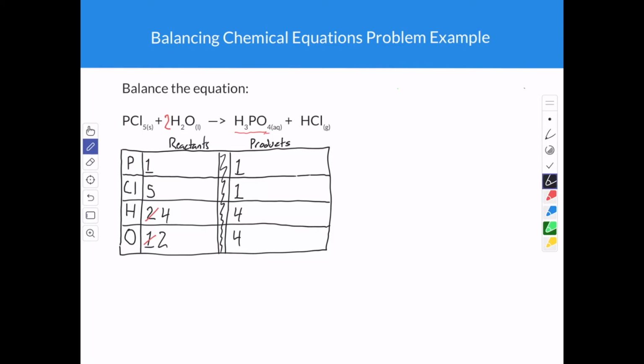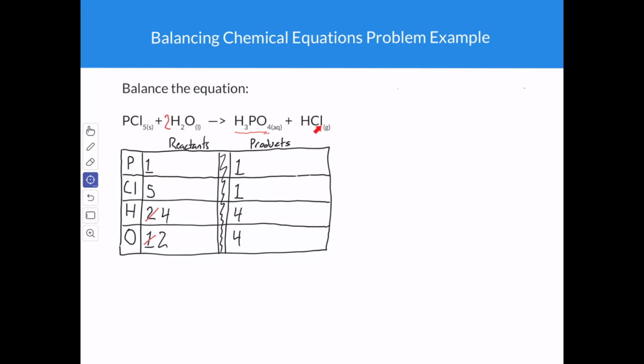Now we reevaluate. We look and we see, okay, I've balanced my hydrogens, I still have my phosphorus balanced, my chlorines are unbalanced, I want to save oxygen for the end. So let's move to chlorine then. Okay, well, I've got 5 chlorines here on the left and I've got 1 on the right.